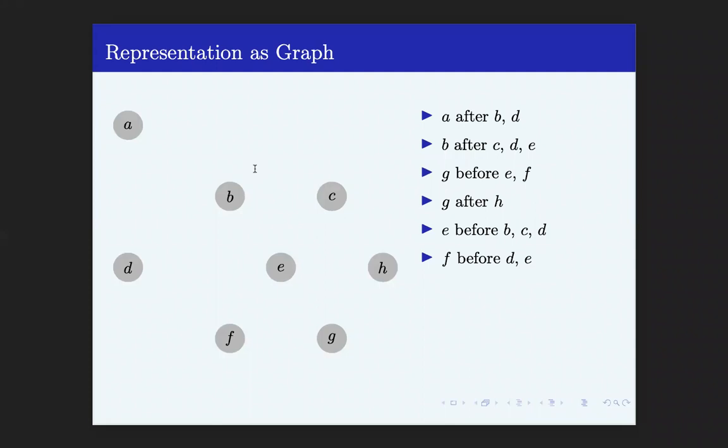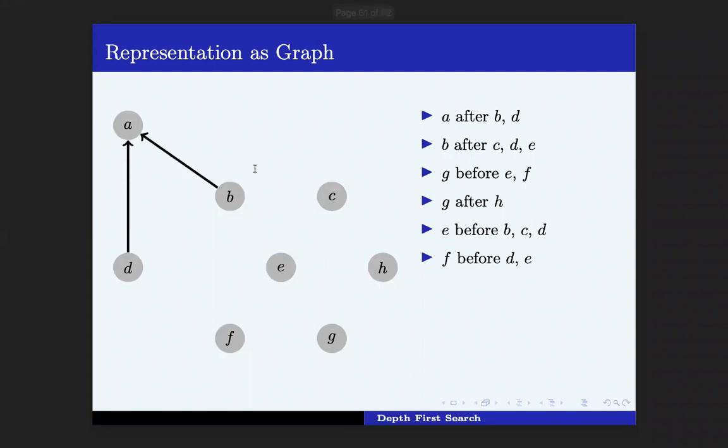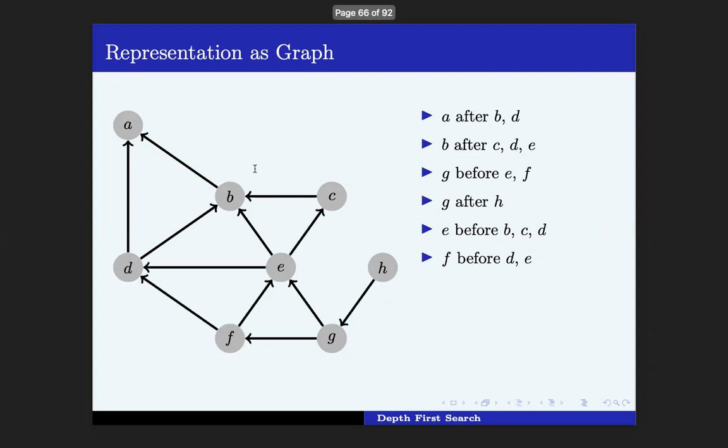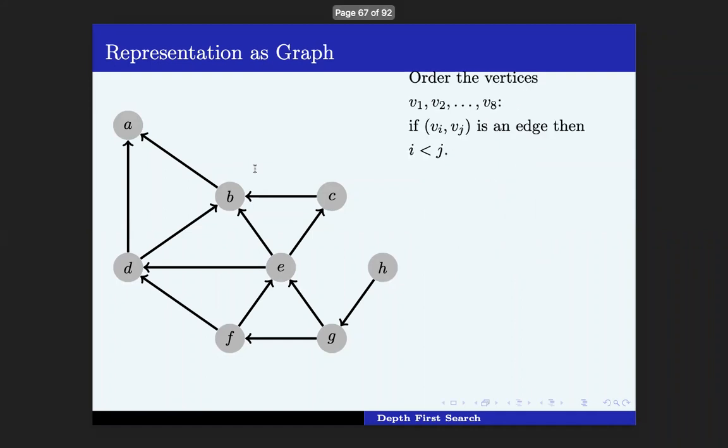And in this way, if you draw an example, you can make a whole graph out of it, right? And the goal is to order these vertices in such a way that if ViVj is an edge, then i must be less than j.